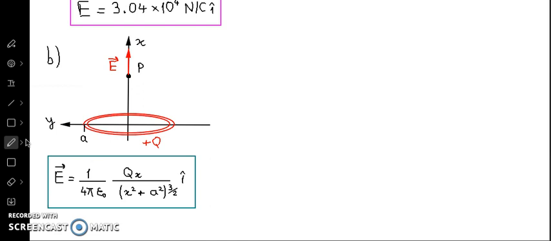I'm going to call the total length of the wire capital L. Because we're bending a straight wire into a ring shape, the total length of the wire is going to be equal to the circumference of our ring. So capital L is equal to 2 pi A. And I'm looking for A because that's what I need to plug into my formula. A is equal to L divided by 2 pi.